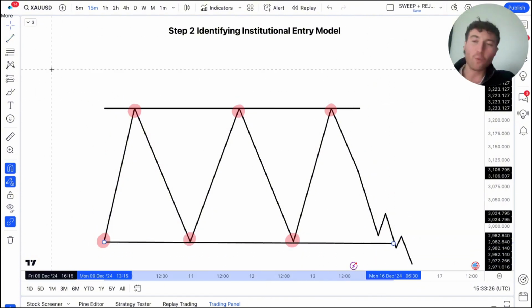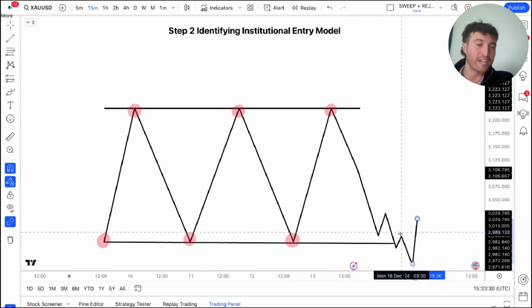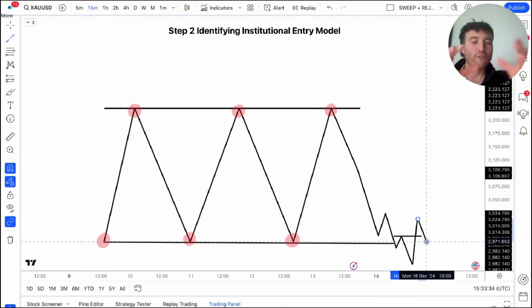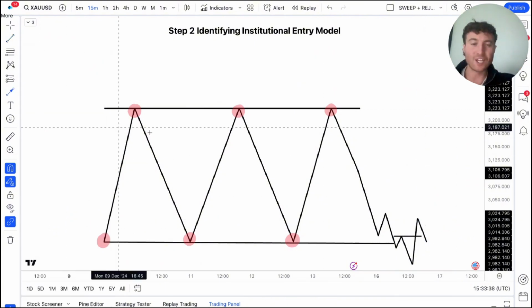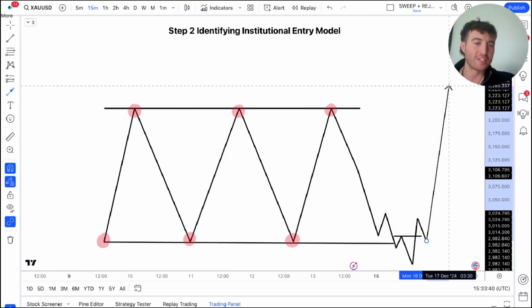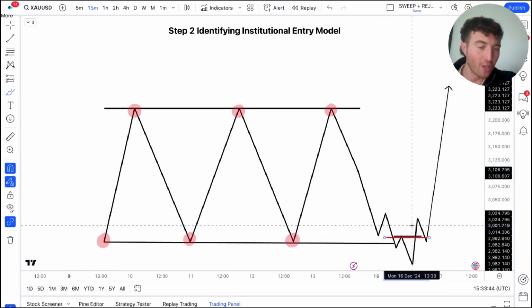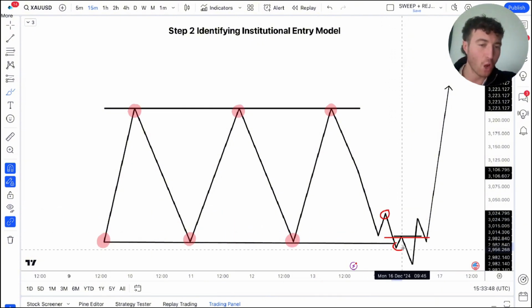Okay. And then what you will see on the smaller time frames as a confirmation is a break in market structure like so. Then you're looking for a pullback into a fair value gap or order block. And then you're looking for a continuation to the upside like so. And this is your trend continuation play. So until you see this confirmation here, because you've got a lower high, lower low, lower high, lower low, then you see the break of structure here.